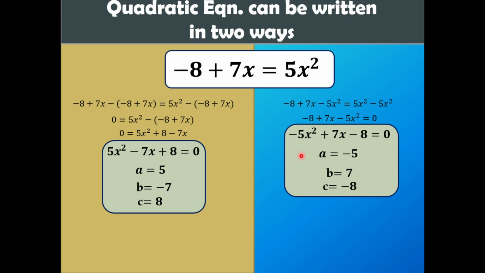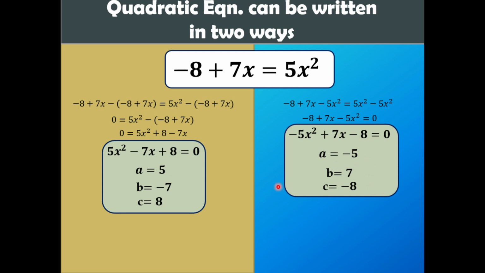Though they don't have the same form, because the quadratic term of the first equation is positive and here it is negative, so the operations are opposite, we can consider this also a quadratic equation in standard form. Looking at the values of a, b, and c, they are opposite.